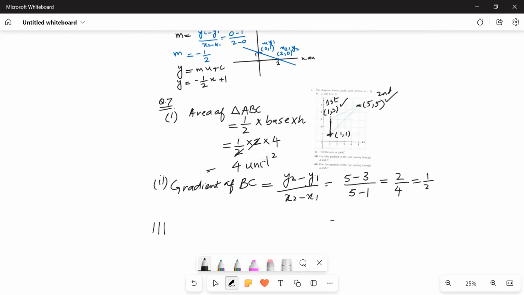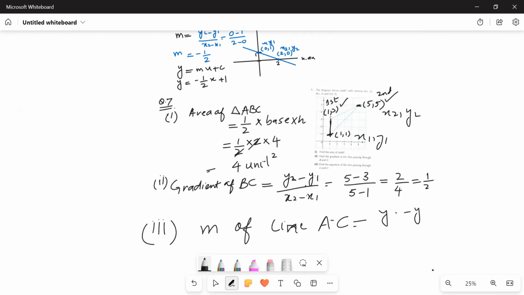The slope m of line AC: I take A as x1, y1 and C as x2, y2. y2 minus y1 over x2 minus x1 is 5 minus 1 over 5 minus 1, that is 4 over 4, that is 1. So the slope is 1.